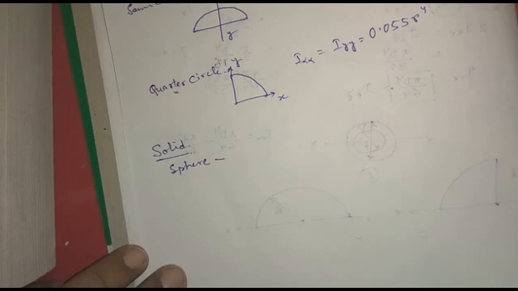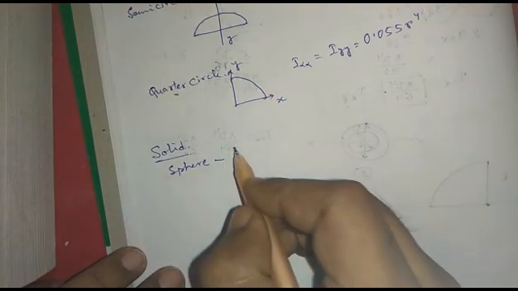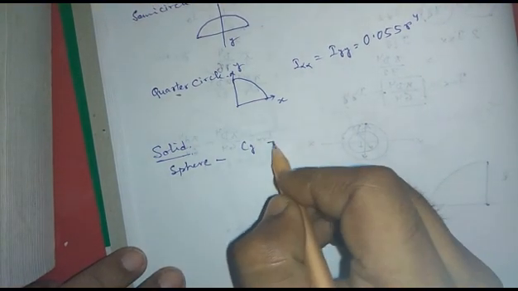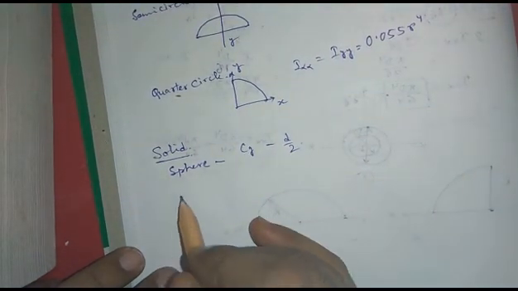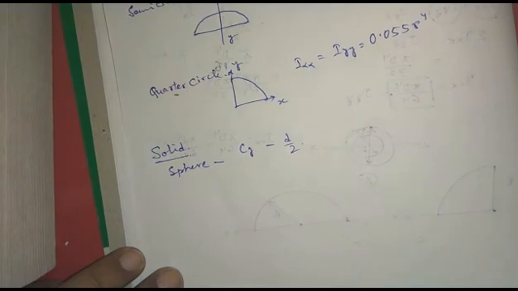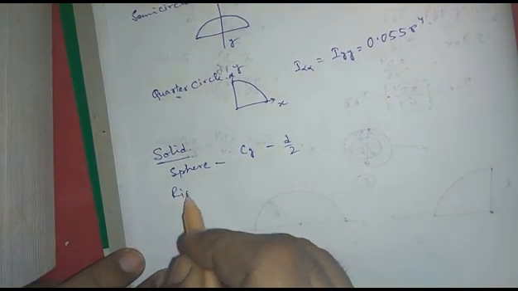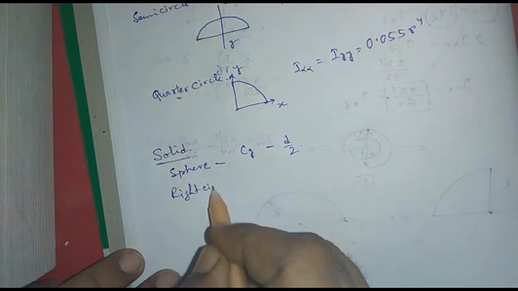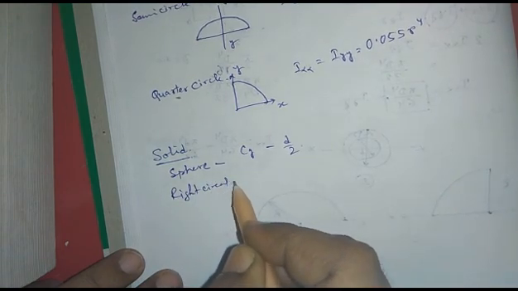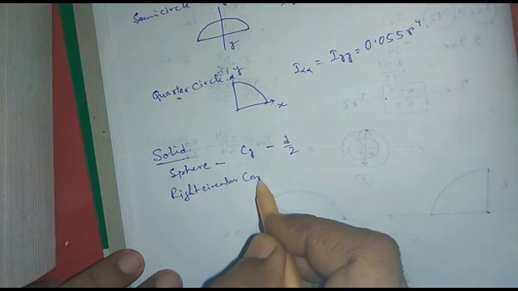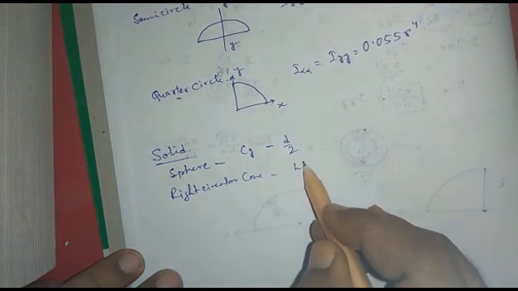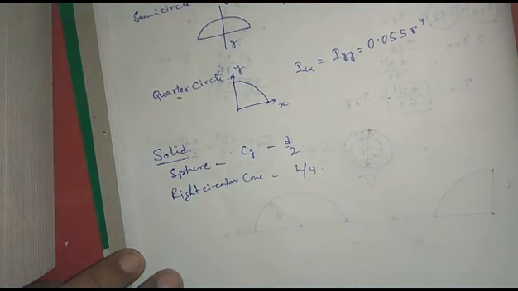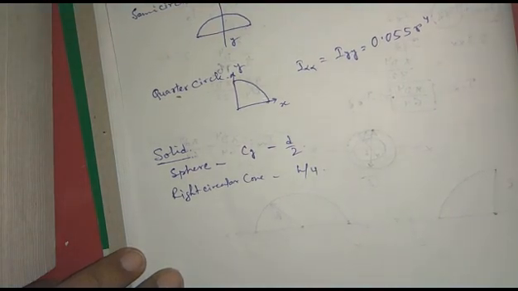The center of gravity of this sphere is at a d/2 location, and if it is a cone, a right circular cone, then it is at a distance h/4 from the base.